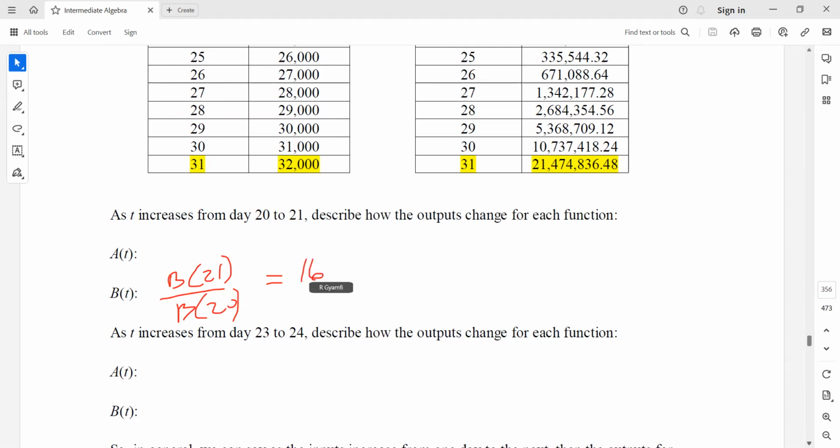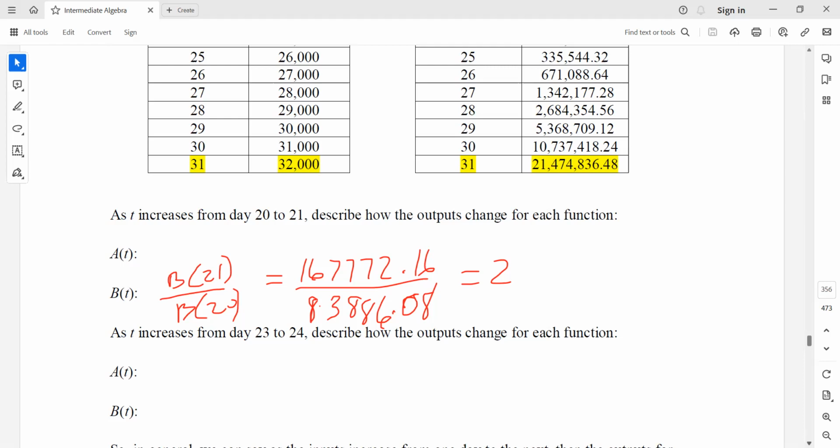So this should give us 167,772 over 83,886.08, and this should give you 2. So that's the doubling amount, okay? It should give you 2. So if you doubled something and then you divide both of them, you get 2, right? Because you just doubled it.